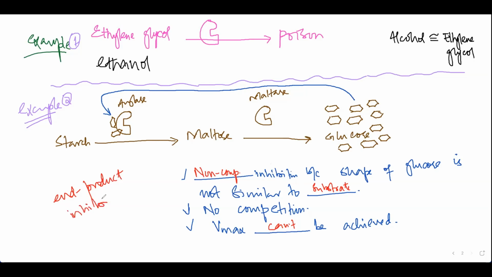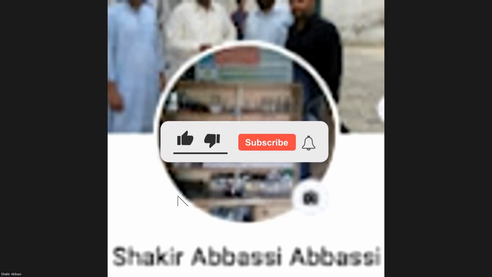So end product inhibition is an example of what? Competitive or non-competitive inhibition? Non-competitive. Now I'll be taking you to some questions.